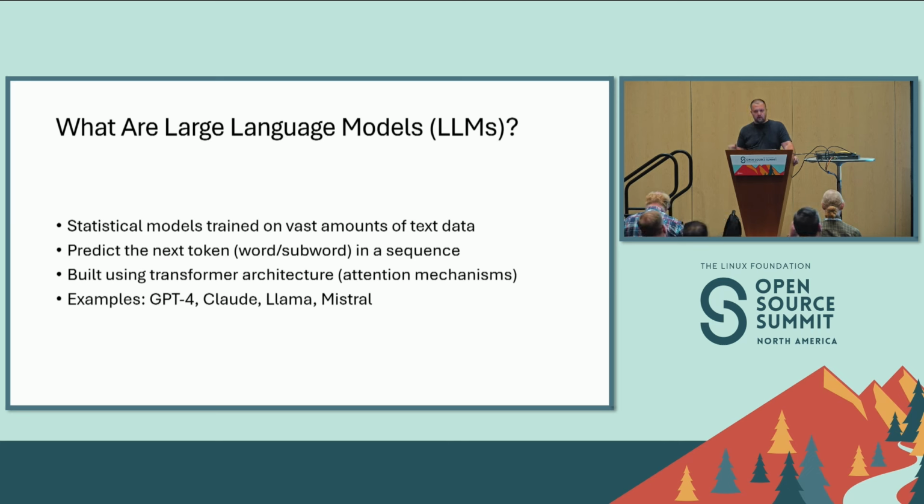Really, the way I internalize that is LLMs are a massive state machine. In the kernel, we have a whole bunch of state machines. Think of it as one big state machine where the transitions between states are based on odds rather than being deterministic, which is a bit weird when you think about a computer program.